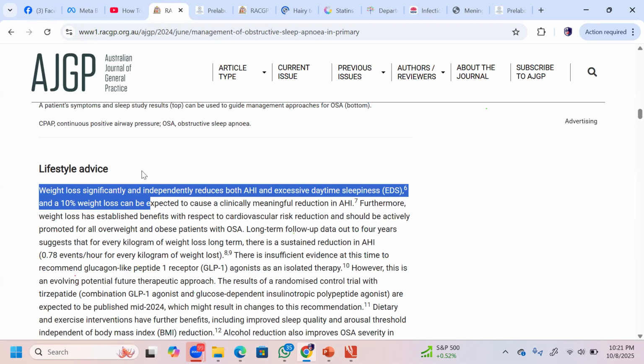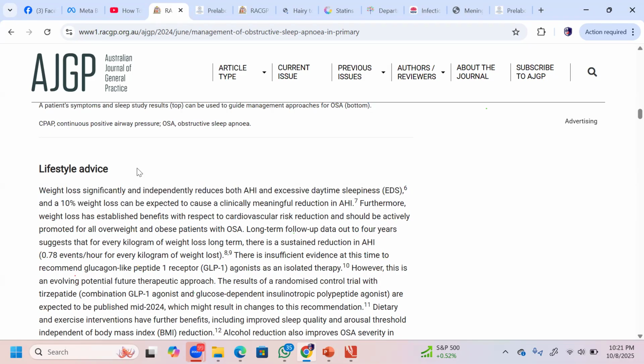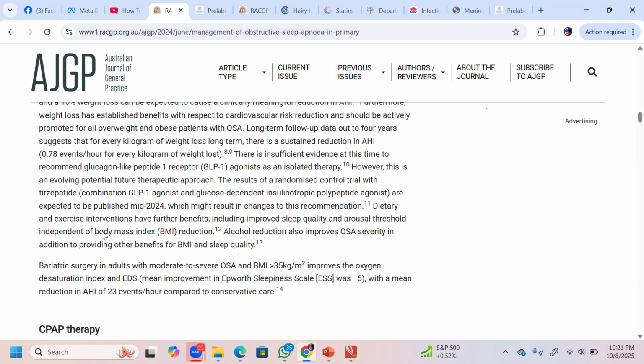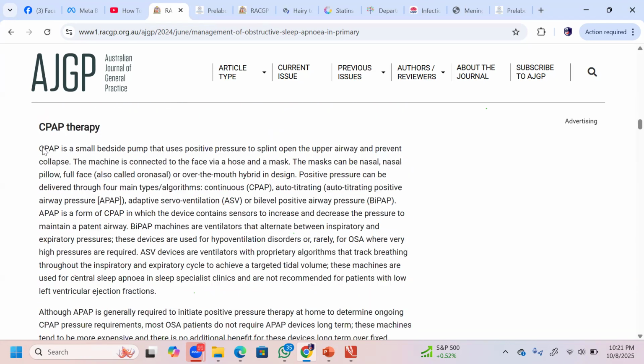So weight reduction is important in these cases. So you have to go with lifestyle modification first. If lifestyle modification is ineffective, you have to go with CPAP. These are the overall conclusion. So then CPAP therapy is the best.